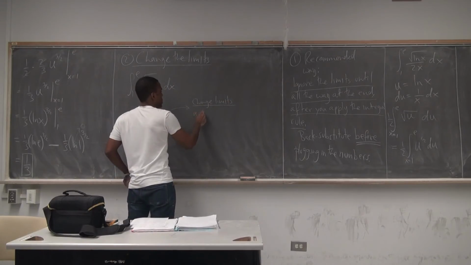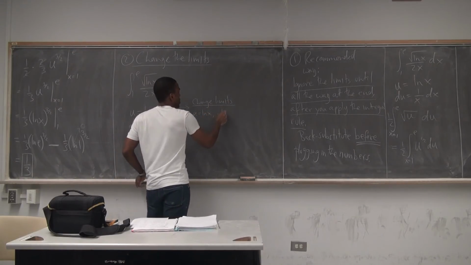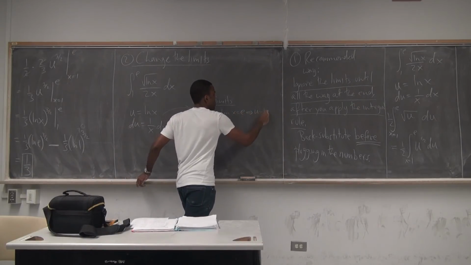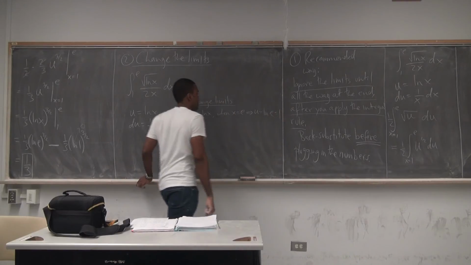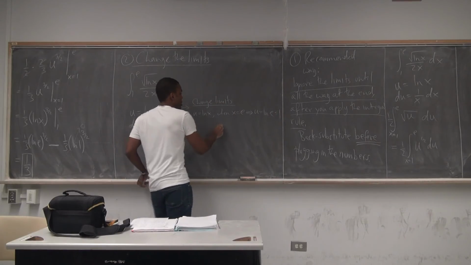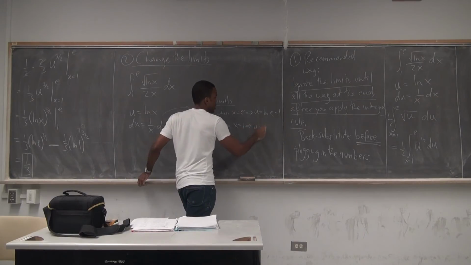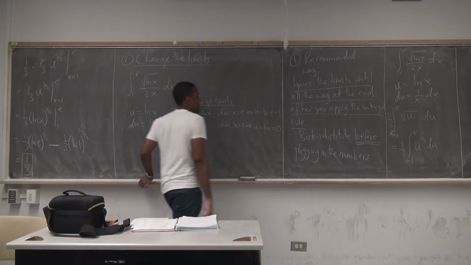So if u is equal to ln x, when x equals e, this means your u is ln of e, which is 1. And then when x equals 1, this would mean your u is ln of 1, which is 0.